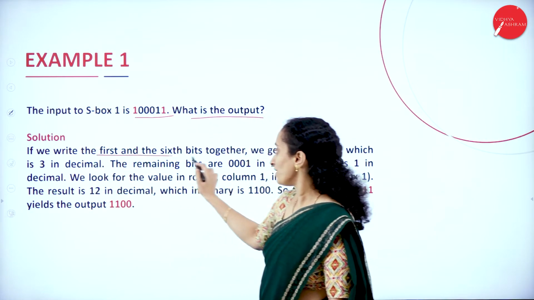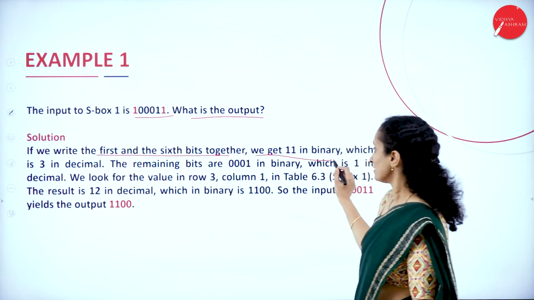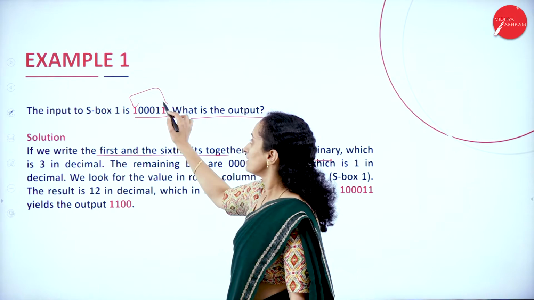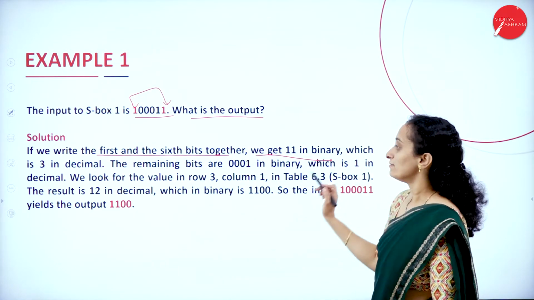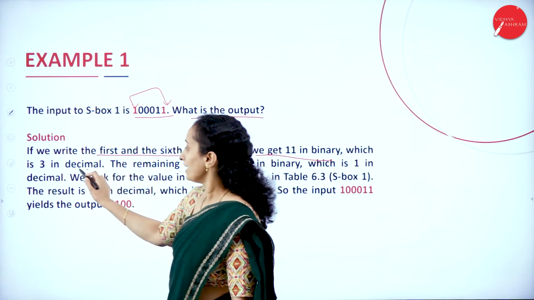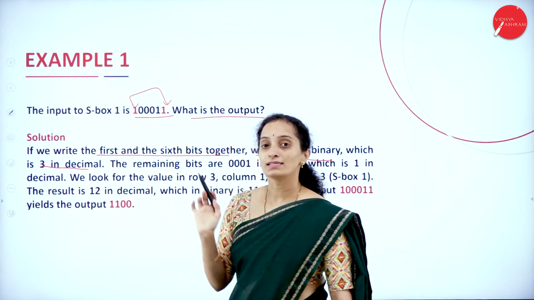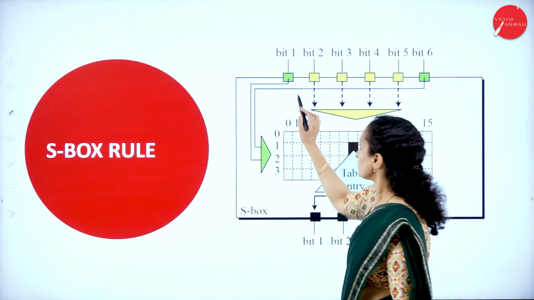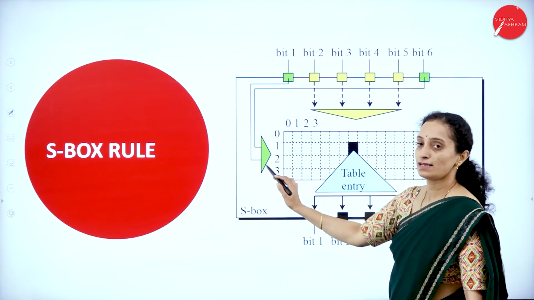If we write the first and the 6th bits together, we get 1, 1 in binary, which is 3 in decimal. So this bit 1 and bit 6 represent the row.